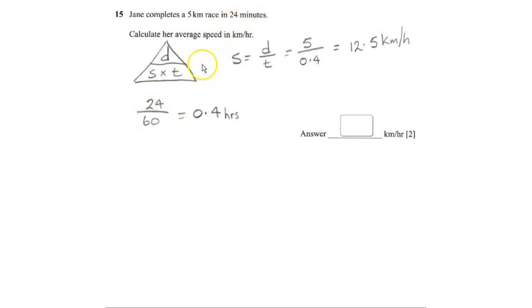So if you've got 24 minutes, you divide it by 60 and you will have 0.4 hours, which is what we need because the answer is asking for kilometers per hour. So we do 5 divided by 0.4, which is 12.5 kilometers per hour. And that should be your answer, 12.5 kilometers per hour.